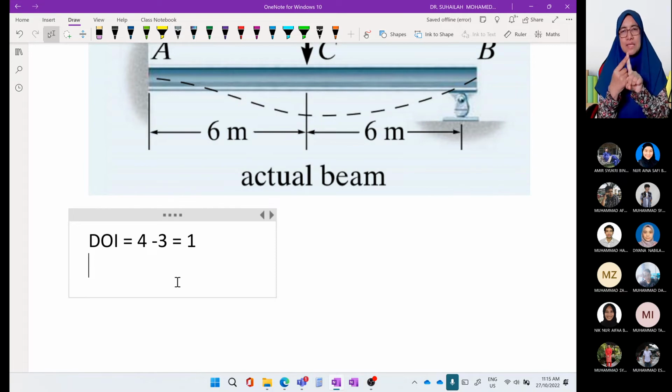So the problem is this 1 redundant. We have to determine the redundant first, then only can we solve the 3 remaining reactions. Without the redundant value, we cannot solve the 3 remaining reactions. And this redundant will be solved using what we call the compatibility equation.